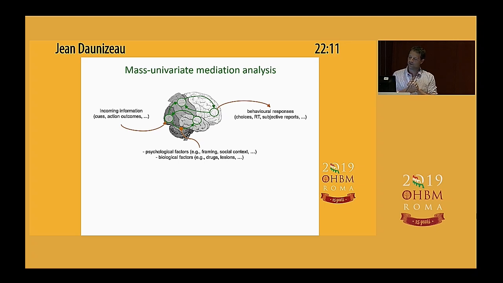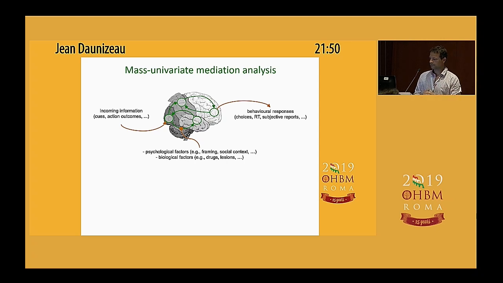So here is the overall picture, that's what we aim at. You have a psychologically well-defined task where you have incoming information, cues, action outcomes, stuff like this, that enter the brain and eventually elicit behavioral responses: choice, reaction time, subjective reports, memory success.